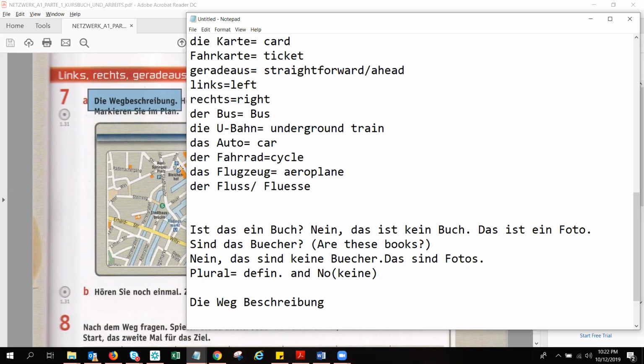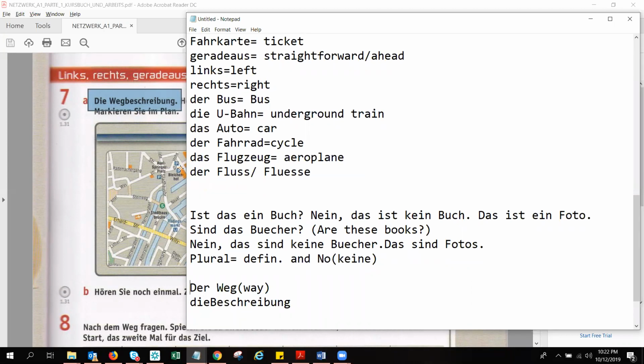Separately, Weg is der Weg, the meaning is way, and Beschreibung is die Beschreibung, the meaning is description. So Wegbeschreibung means way description. That's why it is taking die, die Wegbeschreibung, because the last word is Beschreibung.